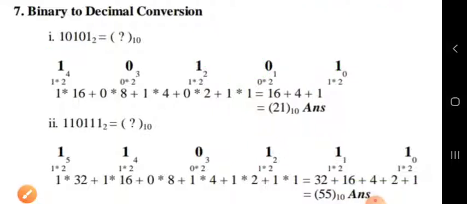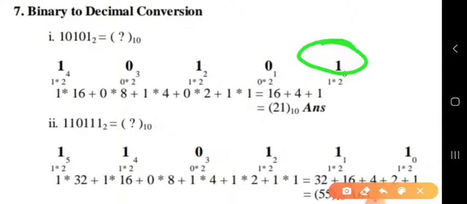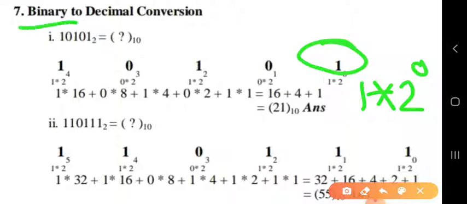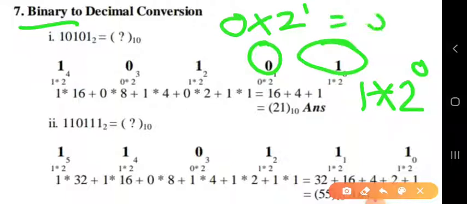Now see what happened. Here 1 is multiplied with 2 to the power 0. Why 2? Because the number is binary. 0 is multiplied with 2 to the power 1, that means 0 into 2.